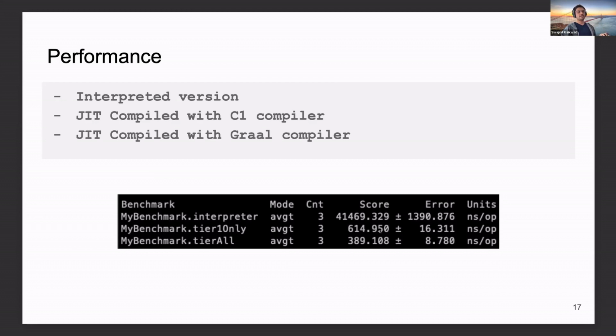The score column is the score, so how long it took to execute the myIncrement method, and the units are nanoseconds per operation. Here, one operation means one execution of the myIncrement method. Now you can see the interpreter takes way longer than the client compiler.